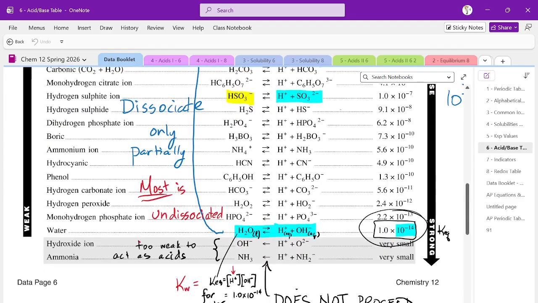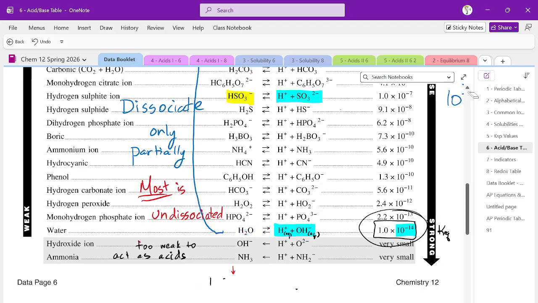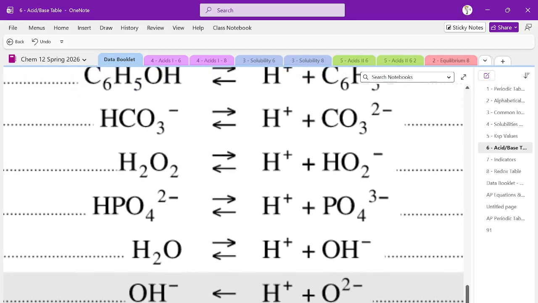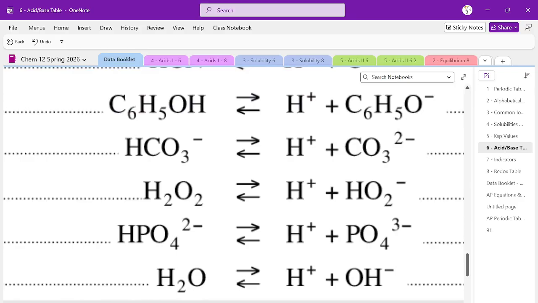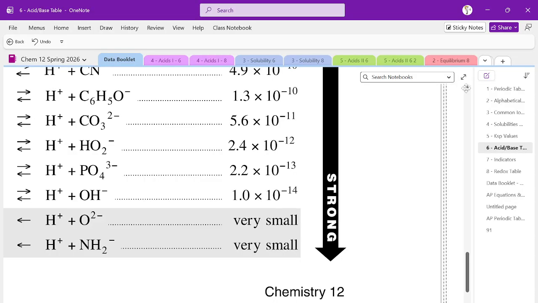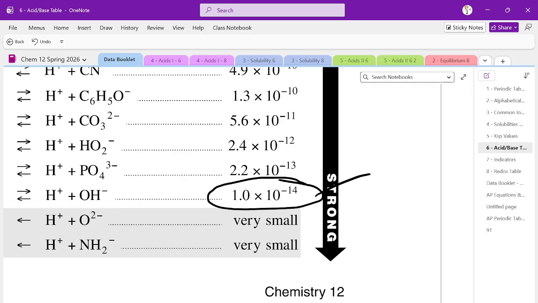And you can see down here, so many things written on this one. Down at the bottom, we have H2O turning into H plus and OH minus. And that gives us the value of 1.0 times 10 to the negative 14. That is Kw right there. And it is the Keq for what process?